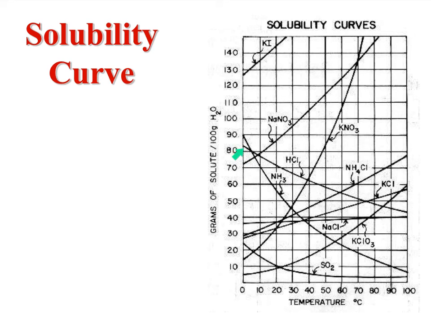You have up to 85 grams for every 100 grams of water. Where you come down here, near boiling, you can only put what looks to be about 43 or 45 grams of solute into that 100 grams of water.